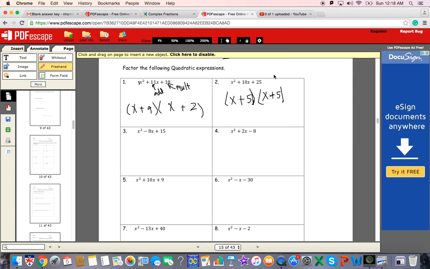Same idea here, but now we have to pay close attention to the sign. 2 numbers have to multiply to get positive 15 and add to get negative 8. The 2 numbers that multiply to get positive 15 but add to get negative 8 are negative 5 and negative 3.